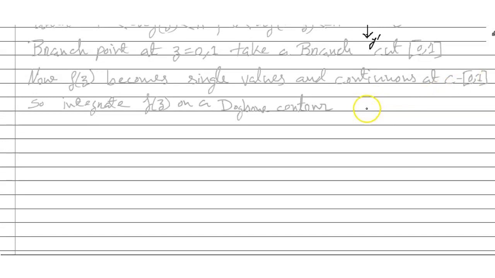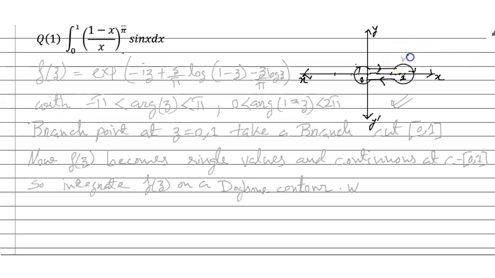We get fractional residue. We will write this is gamma 1 and gamma 2, and this point is A, B, this is C, this is D, this is E, and this is F.